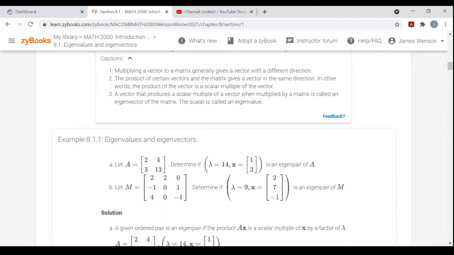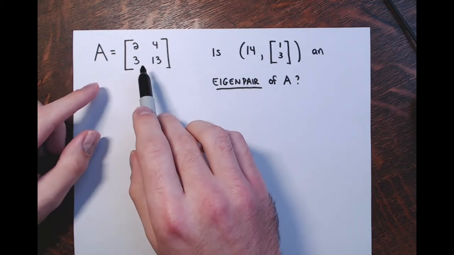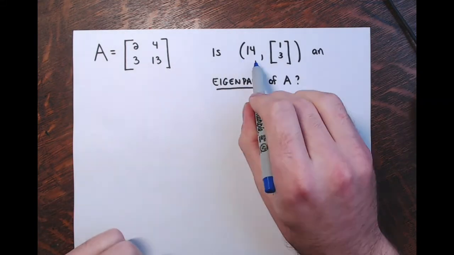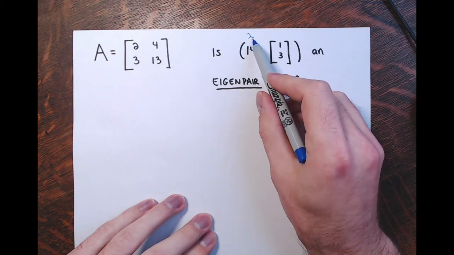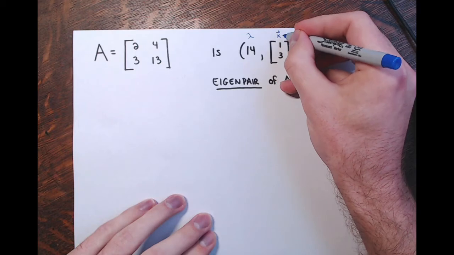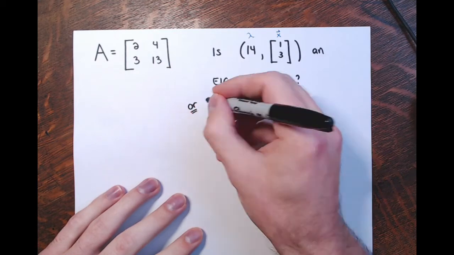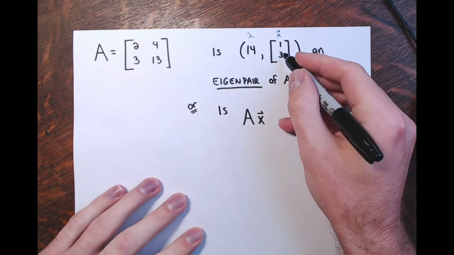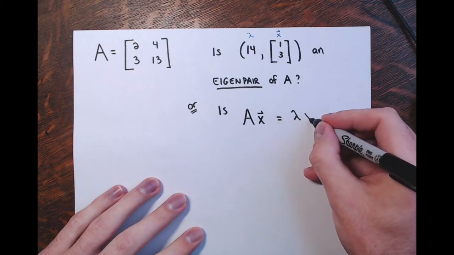I'll write out this first example. We have a 2 by 2 matrix, 2, 4, 3, 13, called A. The question is whether this pair, 14, the scalar that's the value of lambda, and the vector x from R2 with components 1 and 3, is an eigenpair of A. An alternate way to ask that question: is A times x, times the vector 1, 3, going to give me just a scalar multiple of that vector, lambda times x?